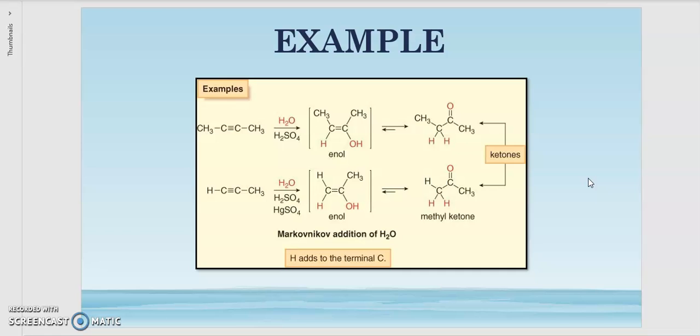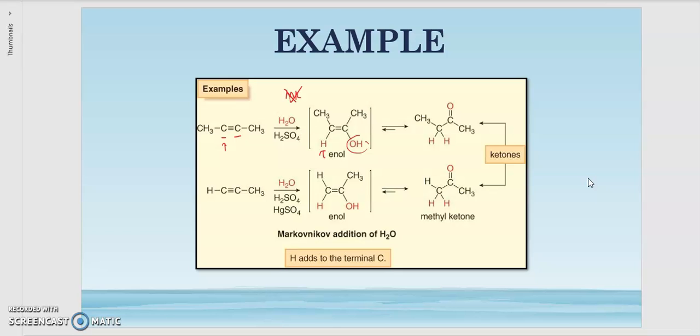For this one, we also have an internal alkyne, meaning that you have no Markovnikov rule. So you can attach OH here or you can attach OH here.